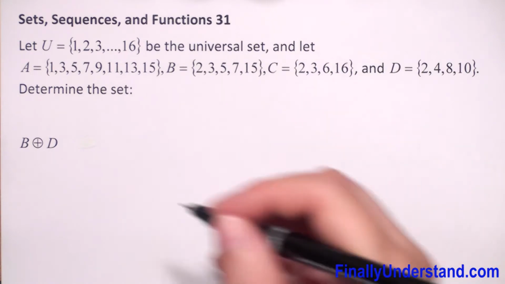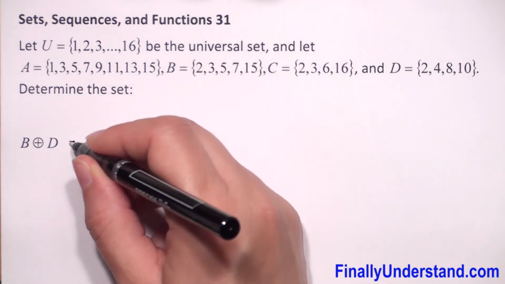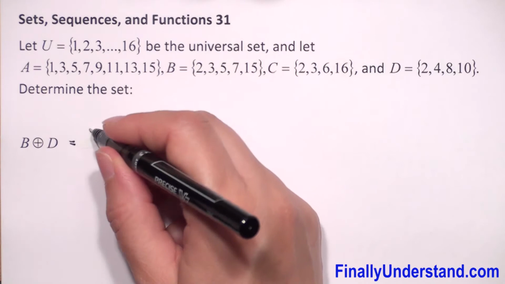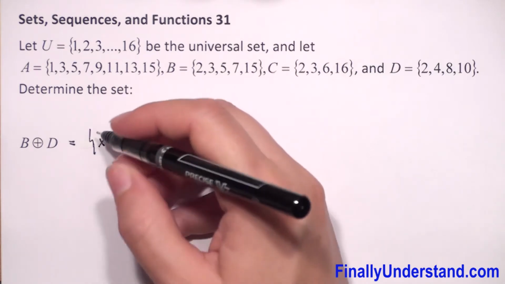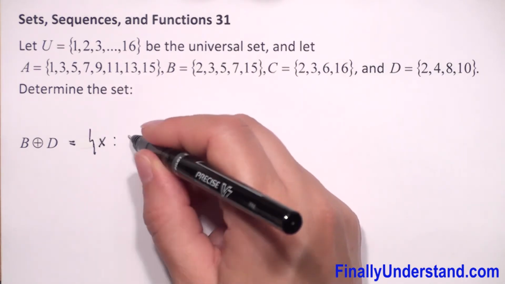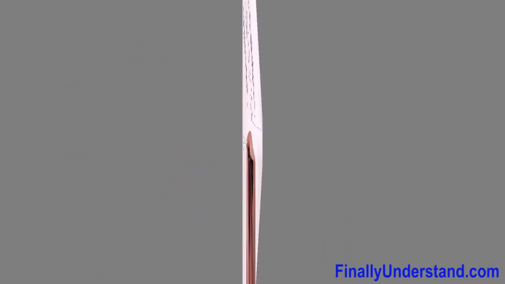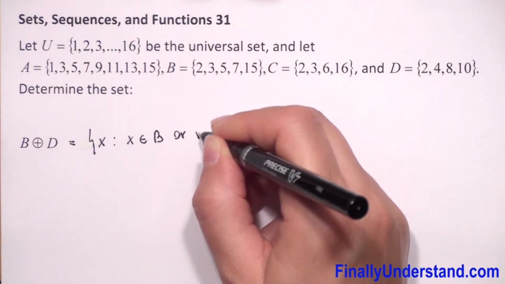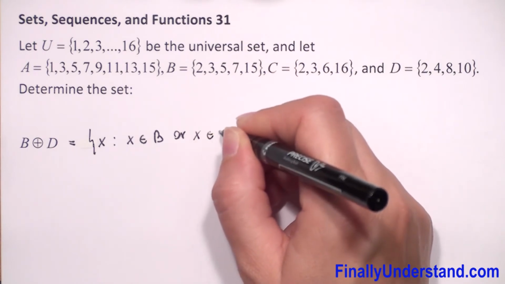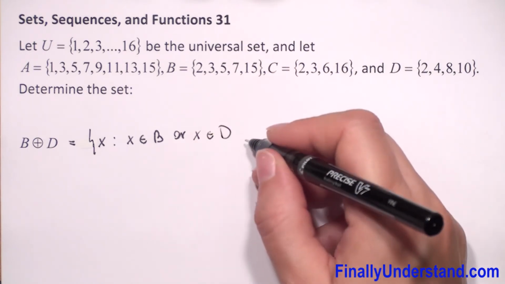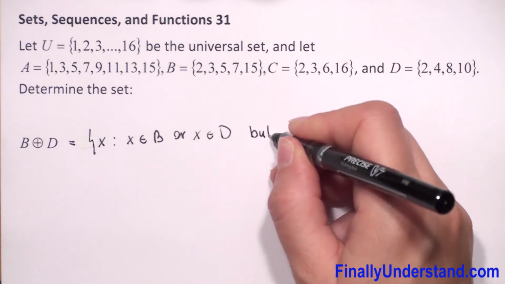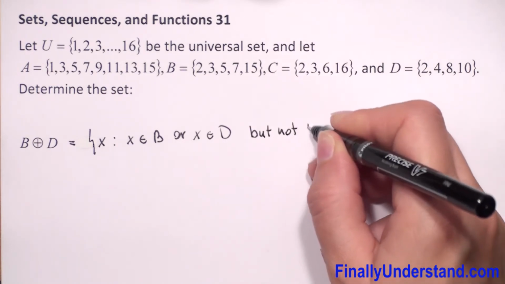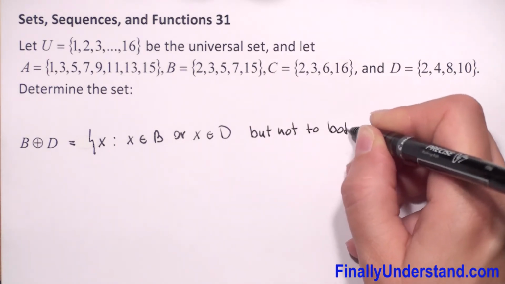to both. So let me write this: this is all elements such that X belongs to B or X belongs to D but not to both.